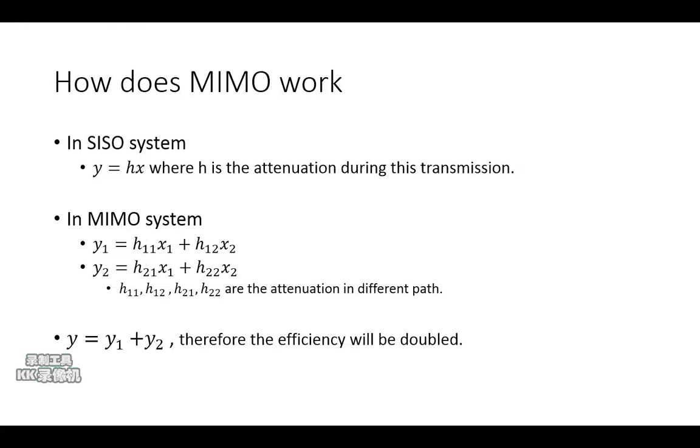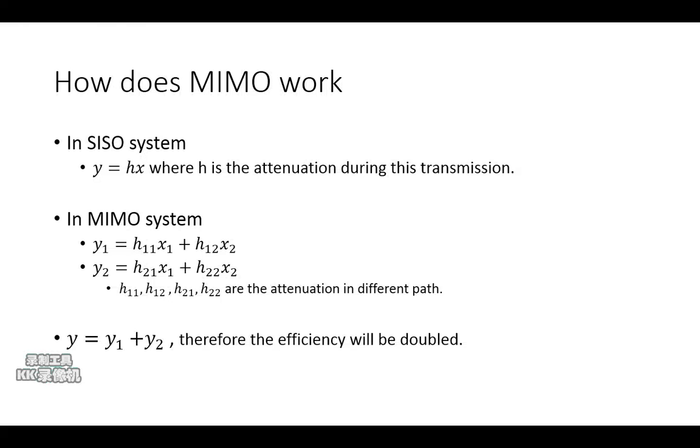But in a simple MIMO system, let's say a 2x2 MIMO system, we have two transmitters and two receivers. Message X will be separated into X1 and X2, then the transmitted message will be split, and each message will be transmitted by different antennas. So each receiver will receive two different messages, X1 and X2.